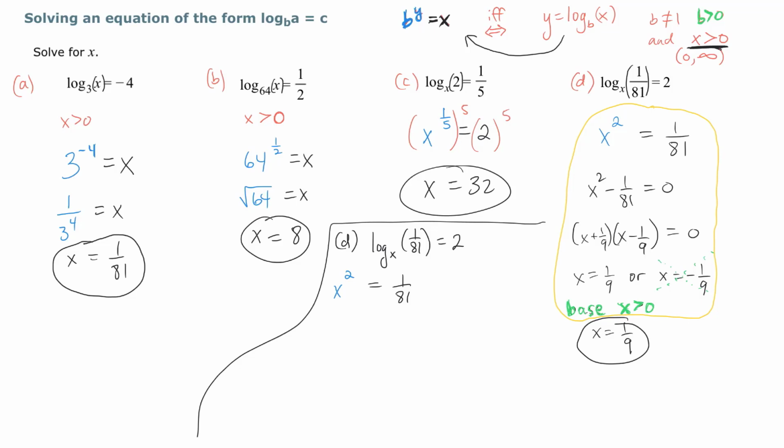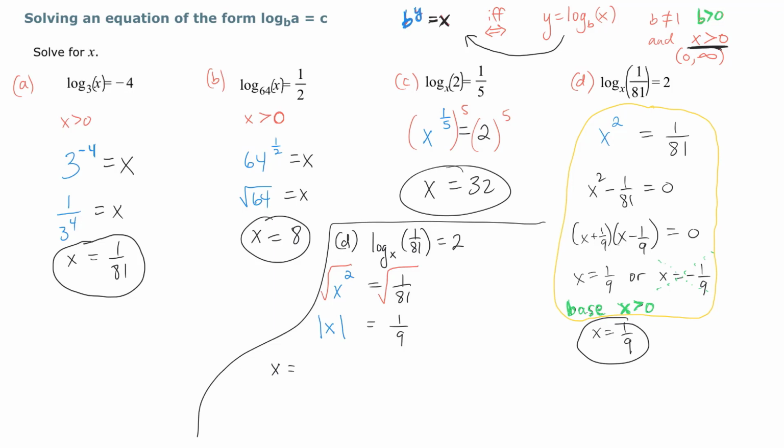Some people might take the square root of both sides, and the square root function, though, usually causes some complications. The square root of x squared, by definition, is actually the absolute value of x. So the absolute value of x is now equal to what? Equal to 1/9. But how do we solve an absolute value equation? We have two cases.